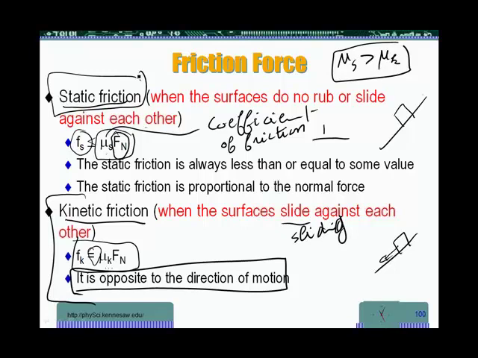What is the force that enables you to walk forward? It is the static friction force between your shoes and the floor. That's why if there is no friction, if the floor is wet, you are not going to be able to walk. We walk because we push against the floor, and as a reaction to our push, the floor will push us forward.